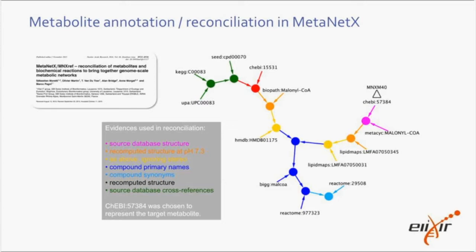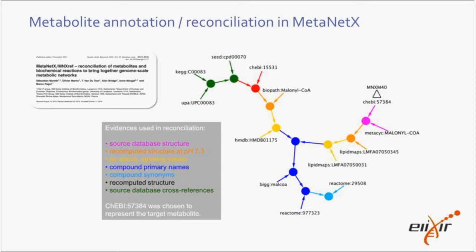Following this, these two metabolites are then merged with a compound from LIPID MAPS, which has again the same structure, but it differs in the charge state. So if you look at the color key and the reconciliation pathway, you can see the stepwise reconciliation of our metabolites, how it proceeds at gradually lowering levels of specificity.